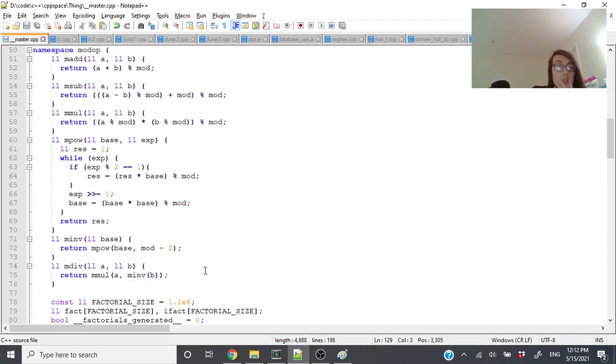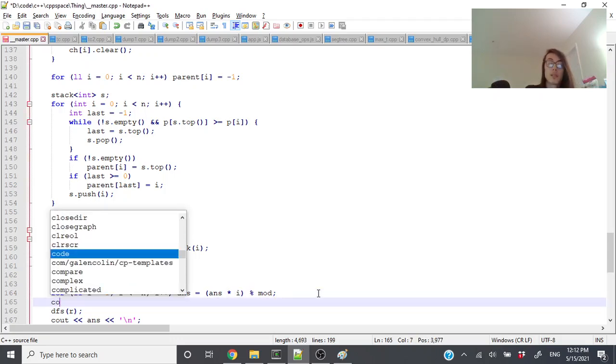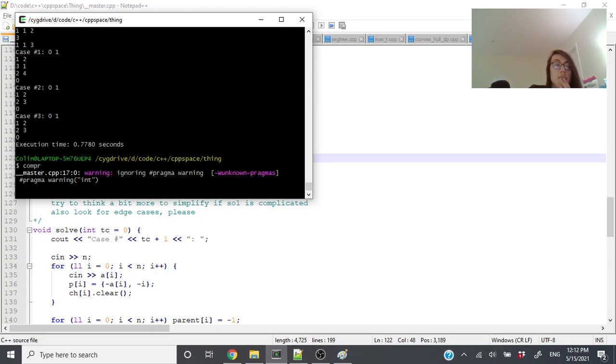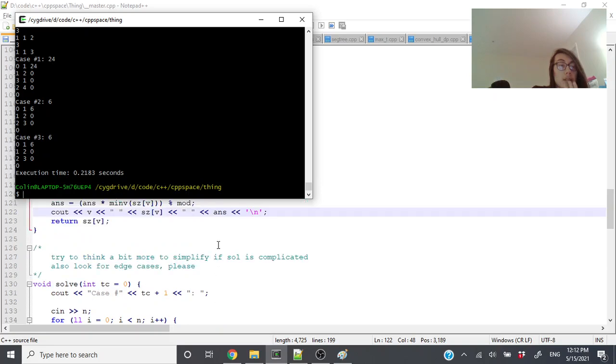I have mod defined, right? Is MM messed up somehow? What?